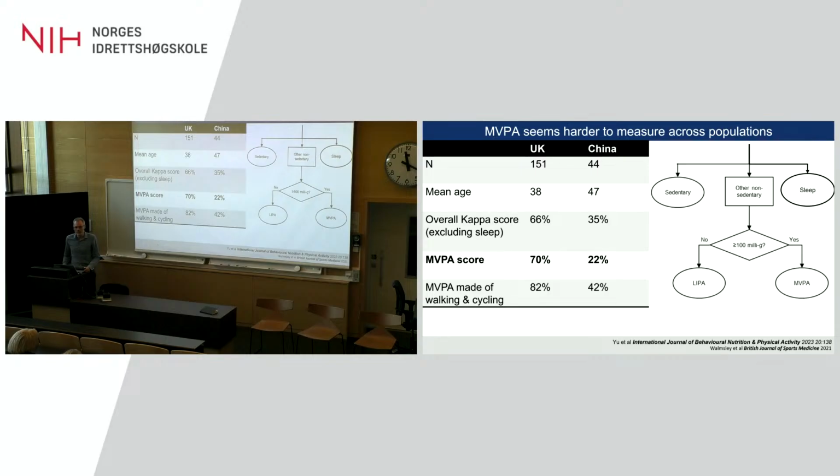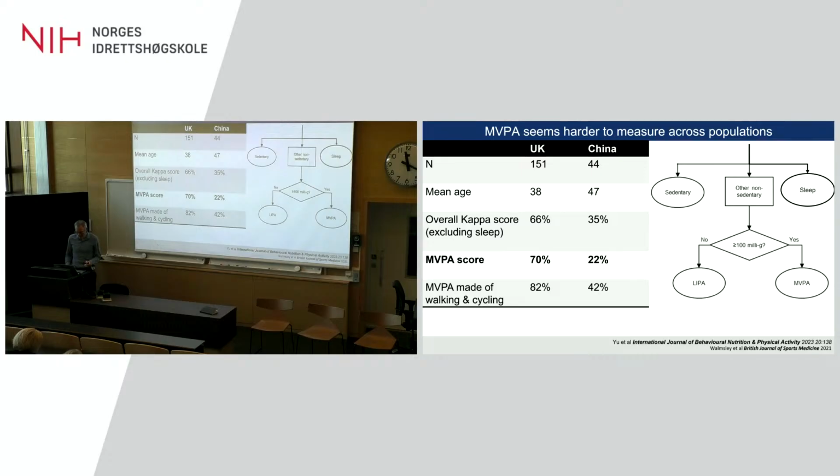Certainly with the machine learning methods, the performance is a bit worrying across populations. Cut points are possibly the best way to go on that, but we don't actually have much validation data outside the high-income Western world for the cut point assessment methods against a direct reference standard, or at least not that we're aware of.